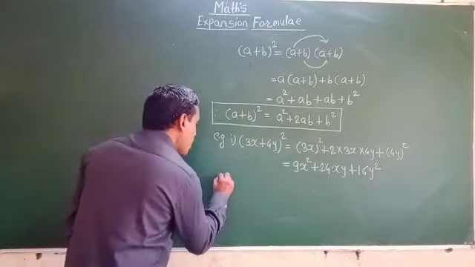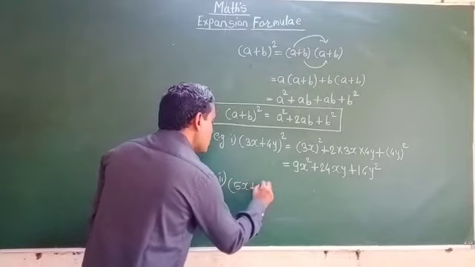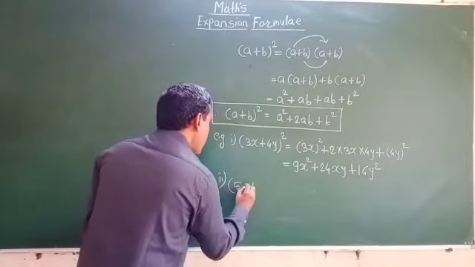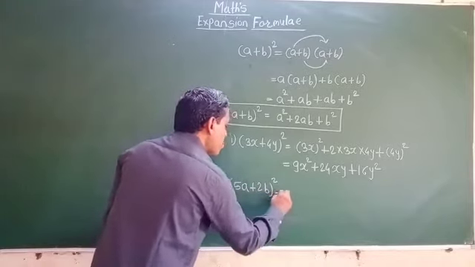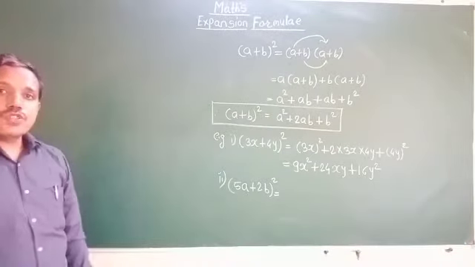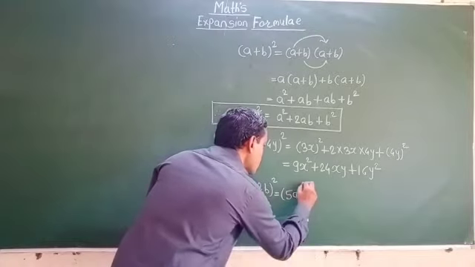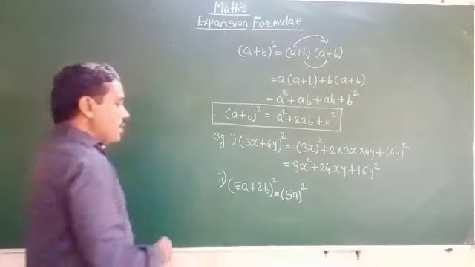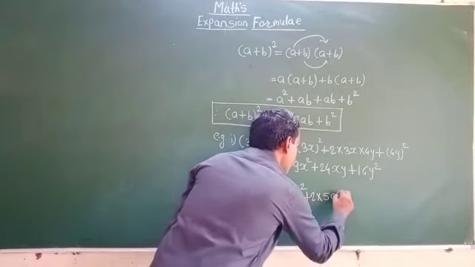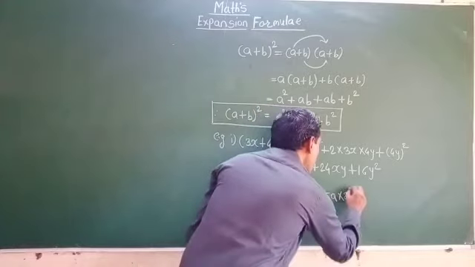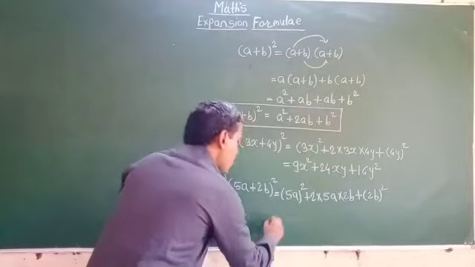We take one more example: (5a plus 2b) whole square. We get the first term square, (5a) square, plus 2 into 5a into 2b, plus (2b) square.